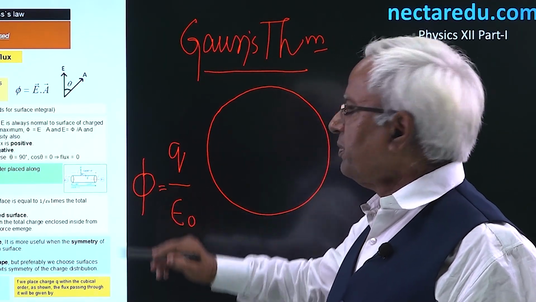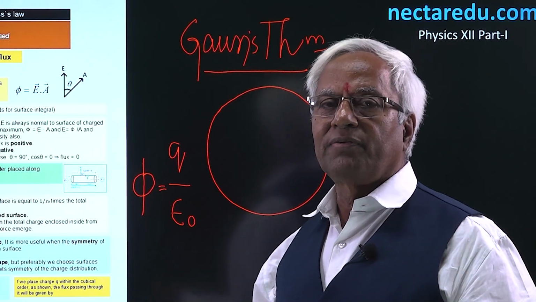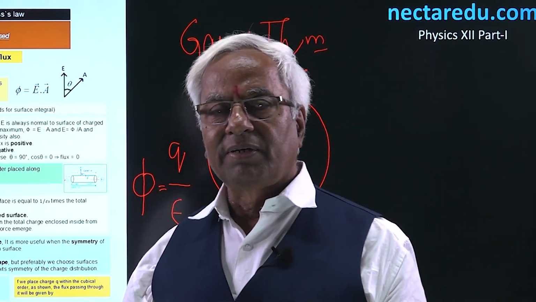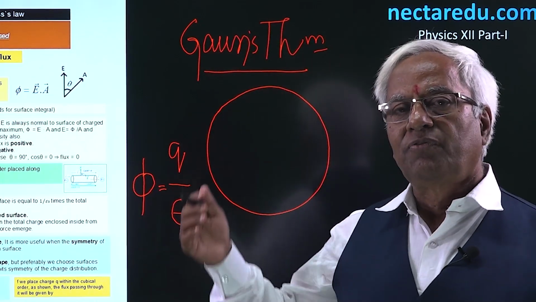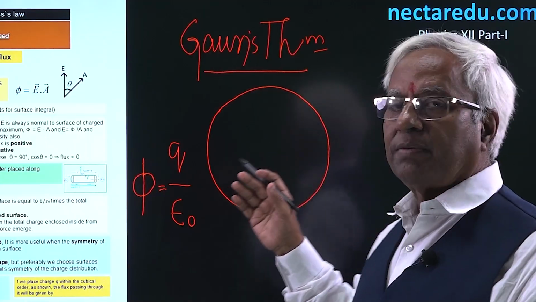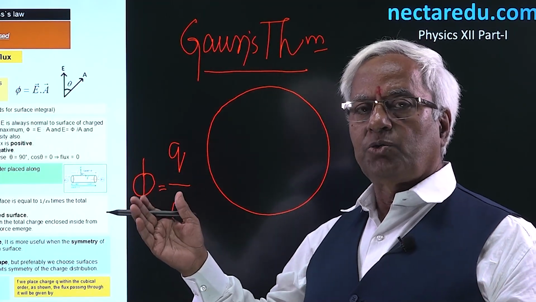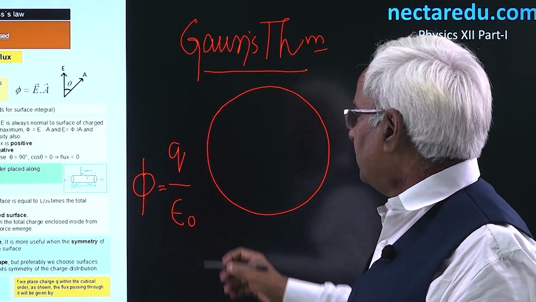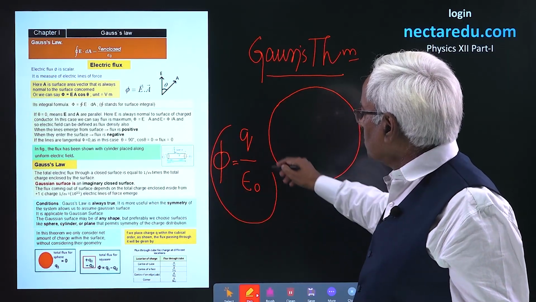What is flux? Mathematically, you could say it is the number of electric lines of force simply, but that would be given by integral formula, integral E dA, or you can say the dot product of two vectors E and A. This is Gauss theorem.